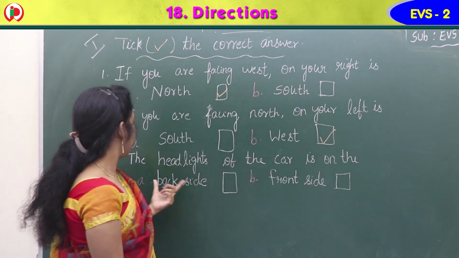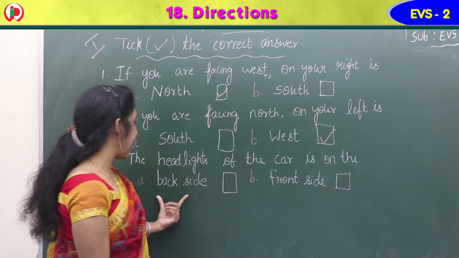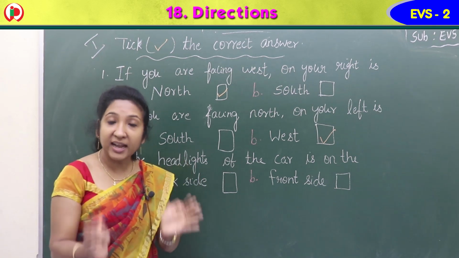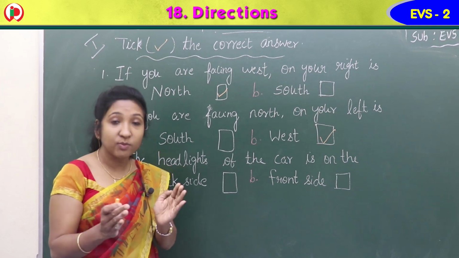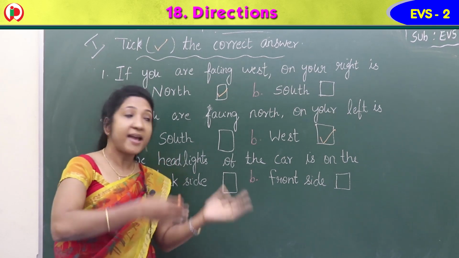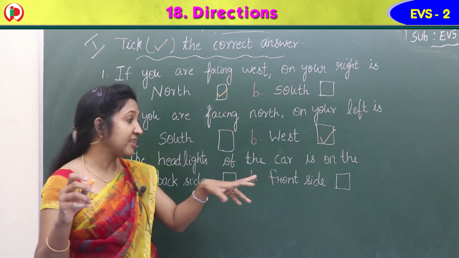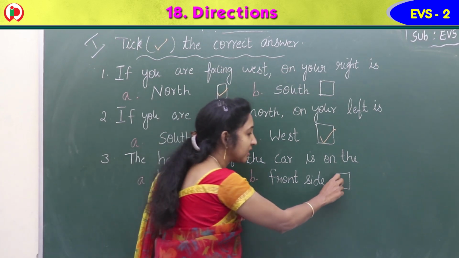Okay. Now third one, the headlights of the car is on the A back side, B front side. Have you seen the car headlights? Where will it be, front side or back side? Headlight will be on the front side only, isn't it? Option B is the correct answer.